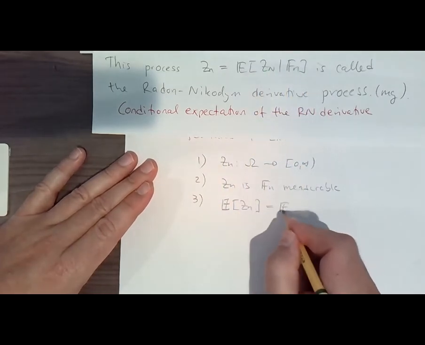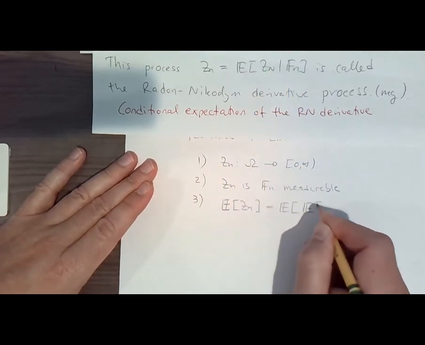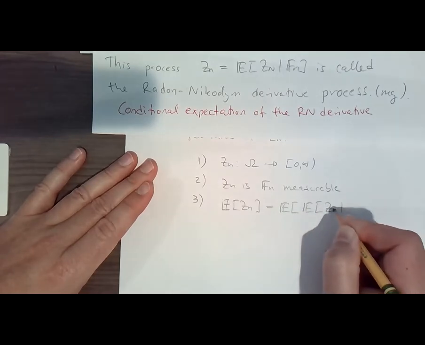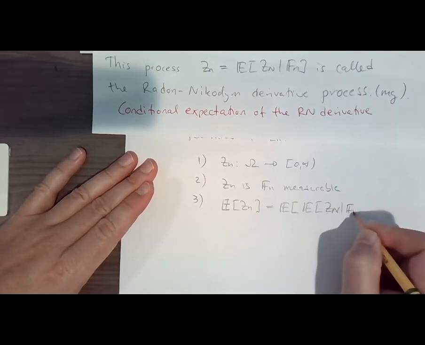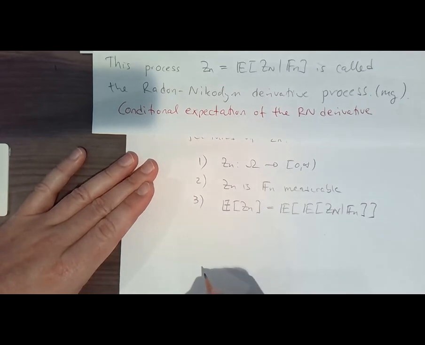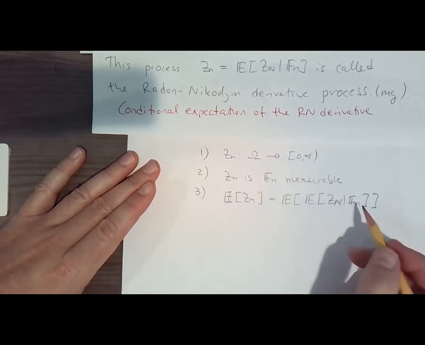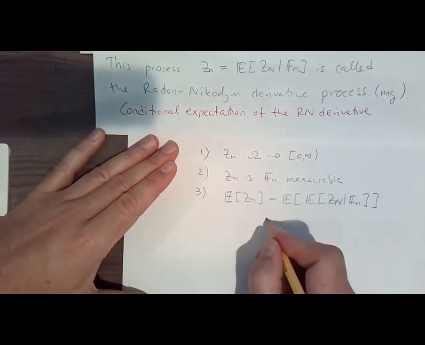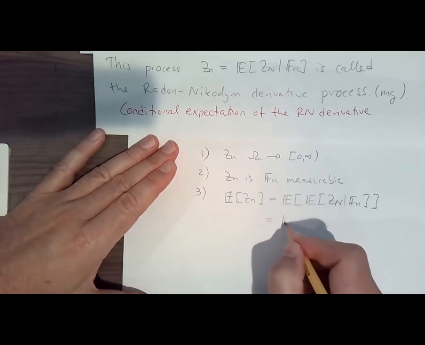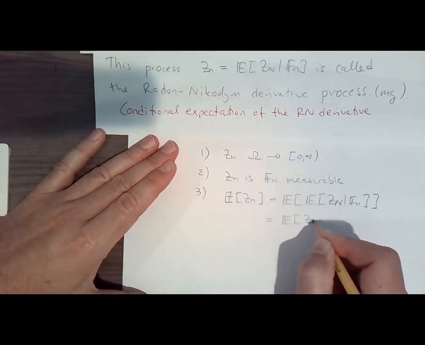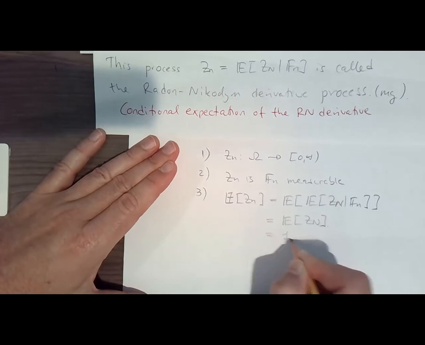So I'll take the expectation of the conditional expectation. Right, so again, I have an expectation, have a conditional expectation, which one wins? It's going to be the expectation that wins. This is the expectation of Cn. Right, but that was given to be 1.